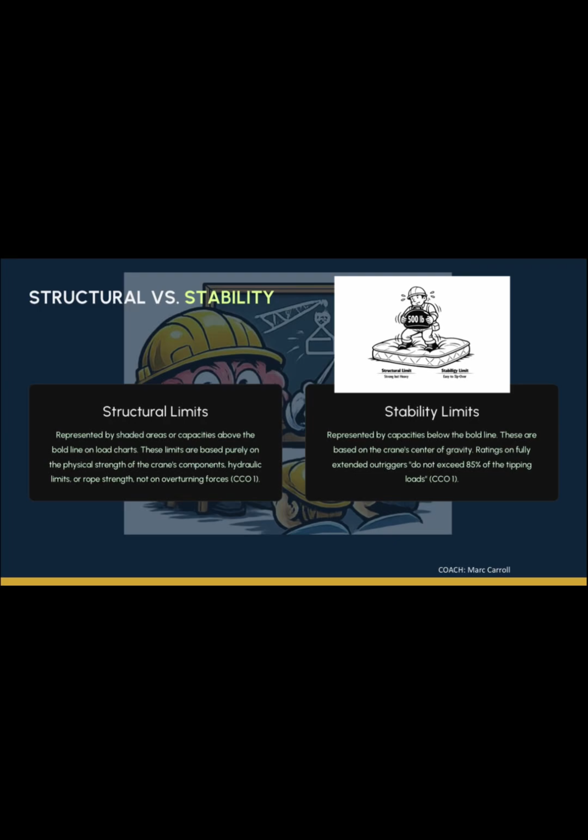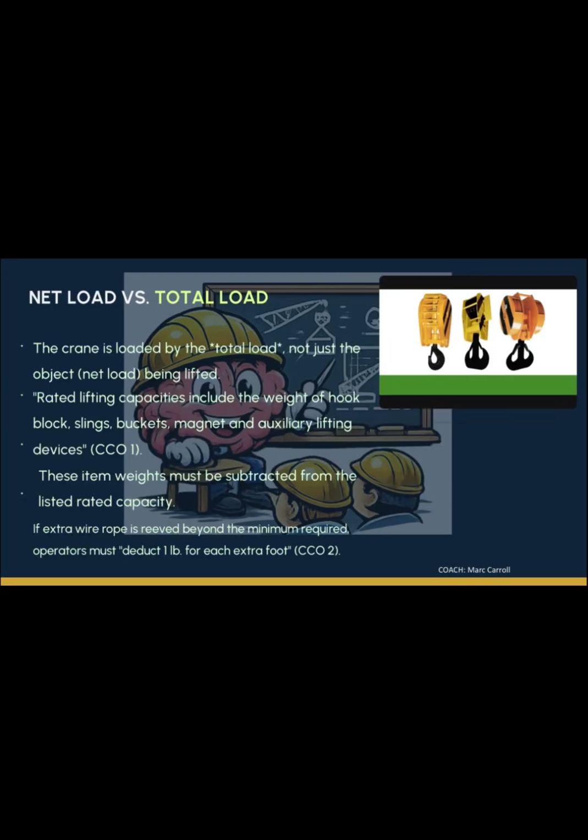Capacity limits. Understand that bold line, total loads, and deductions. When you look at your TLL load charts, you will notice that there is a bold black line or shaded areas.